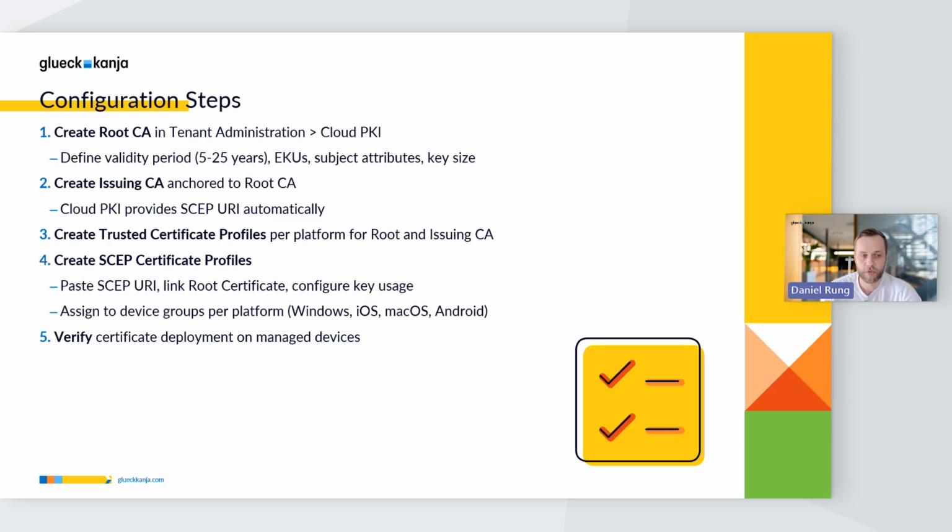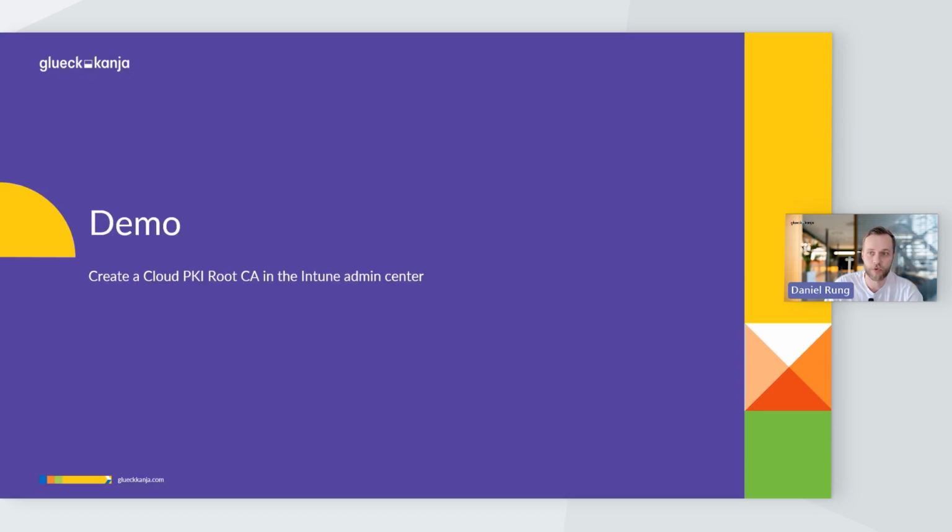Before that, we need to deploy the trusted certificates through an Intune profile. And in the SCEP profile, we just paste the SCEP URI we get from the issuing CA. And then I prepared something, how it looks on a client where a certificate is deployed. And let's go to the demo.